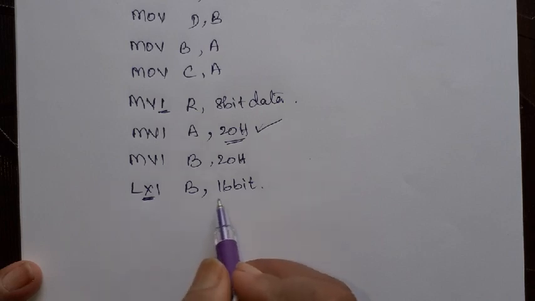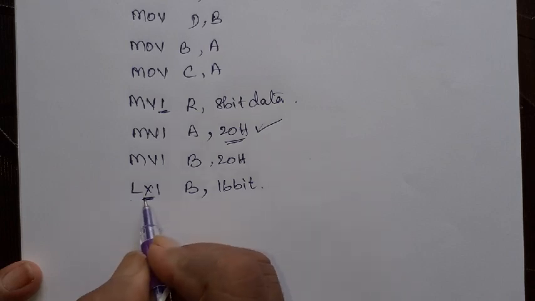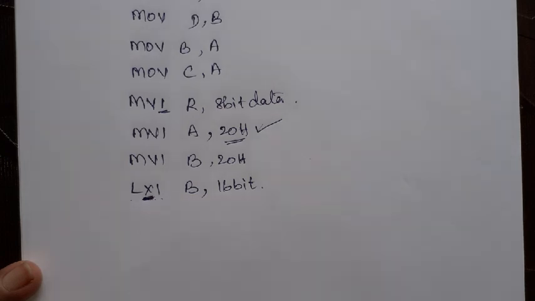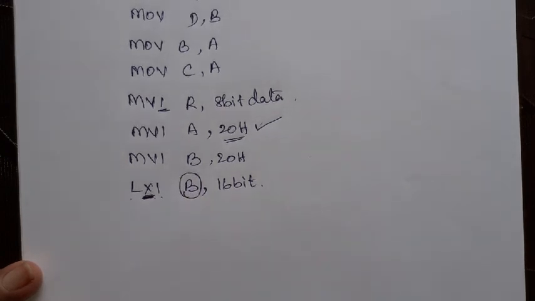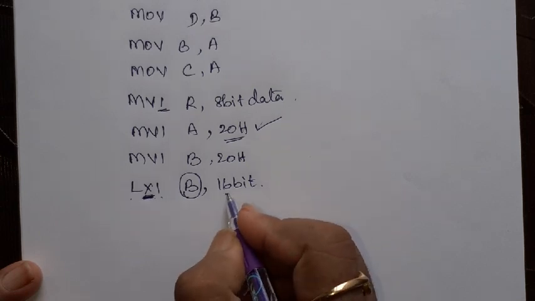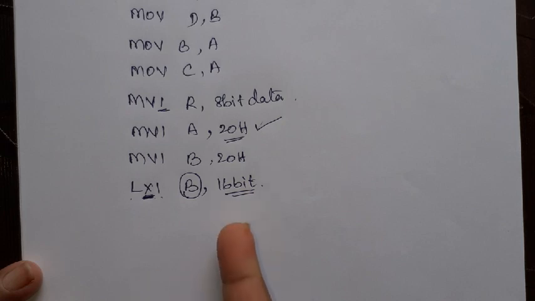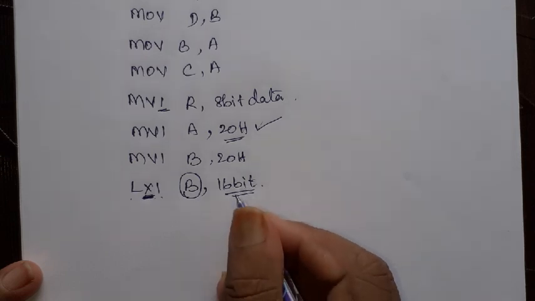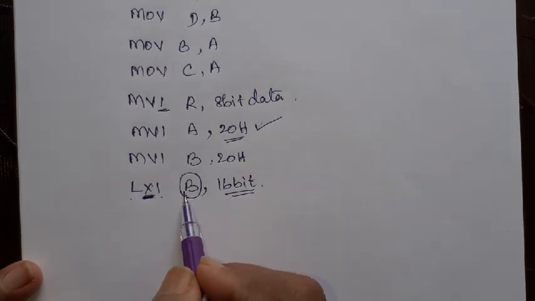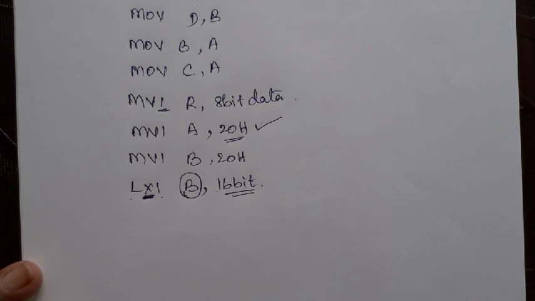Here LXI indicates that not a single register B but the register pair BC is used, because this is 16-bit data. You cannot load 16-bit data to a single 8-bit register. So the 16-bit data is loaded to B and C as a pair.